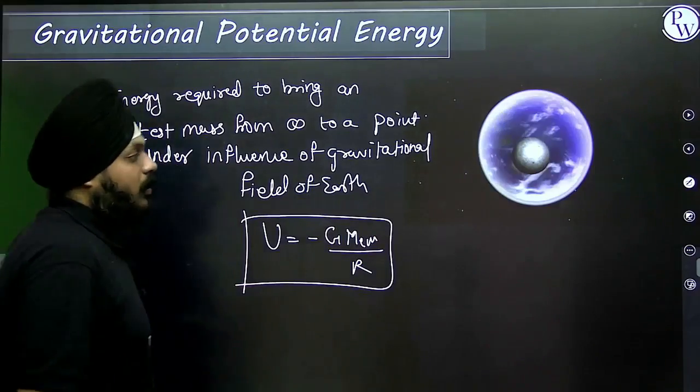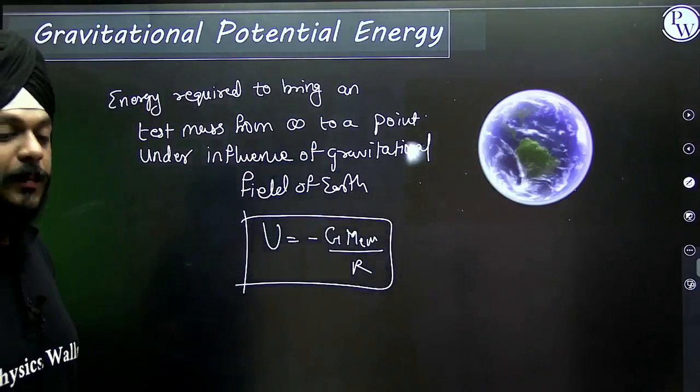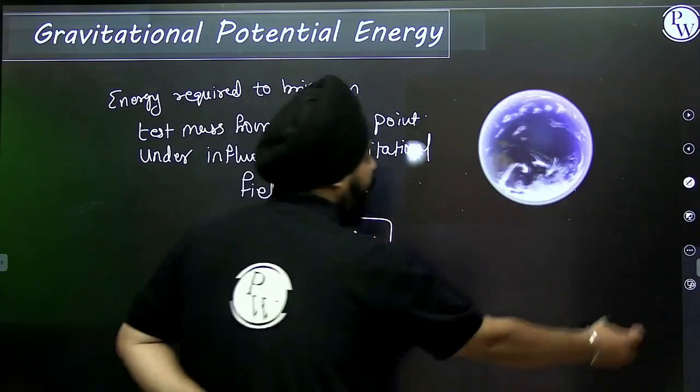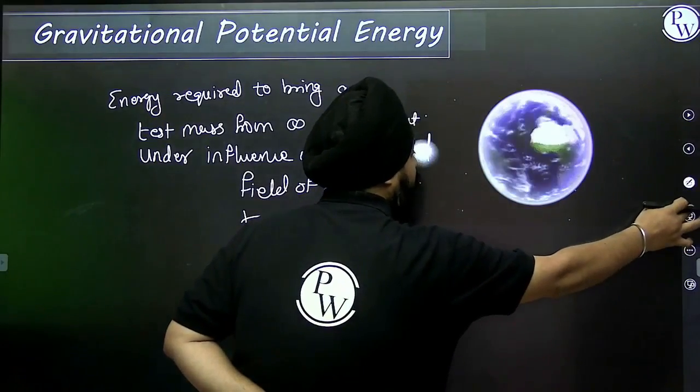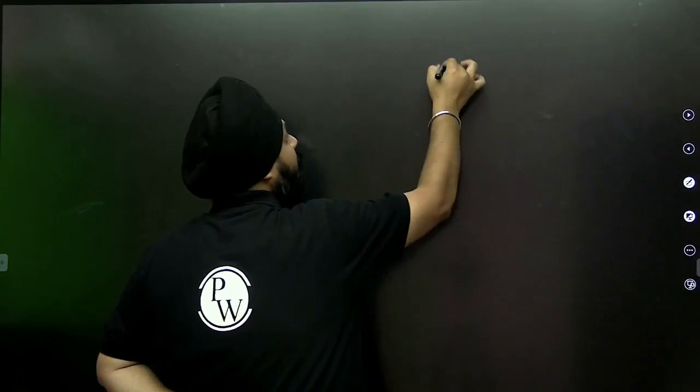This is its formula. There are some noteworthy points related to this gravitational potential energy. What are those noteworthy points? Let's see.